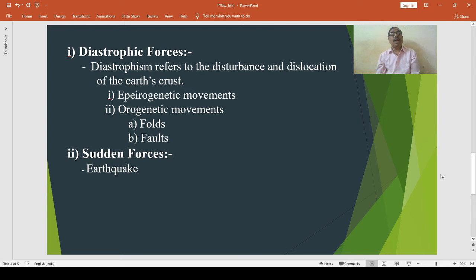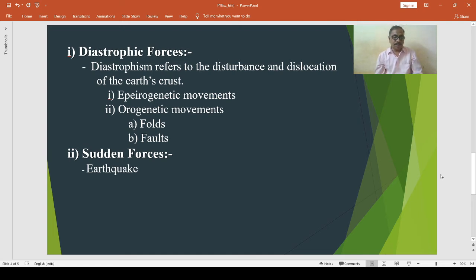Then anticlinorium and synclinorium. When anticlines and synclines are made up of numerous and complex minor folds, they are known as anticlinorium and synclinorium. Such structure is formed due to irregular folding.